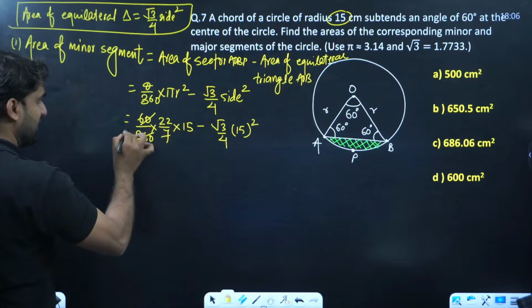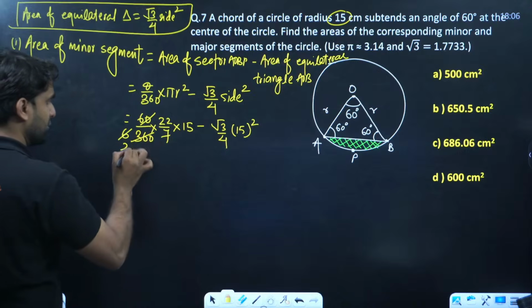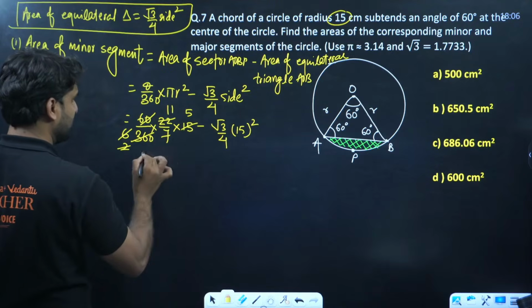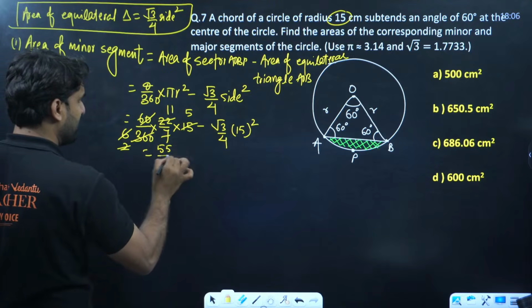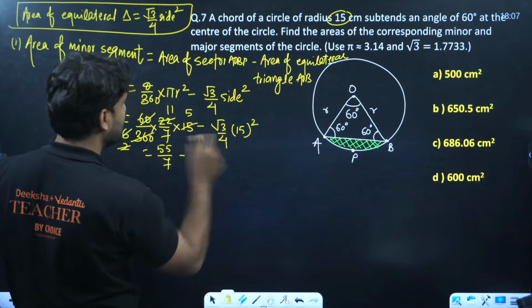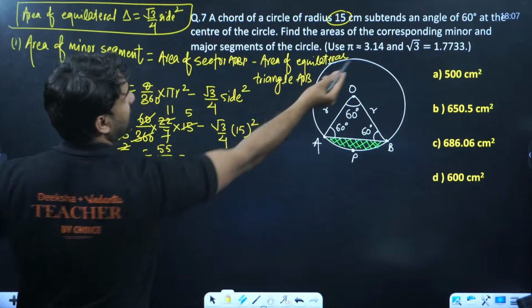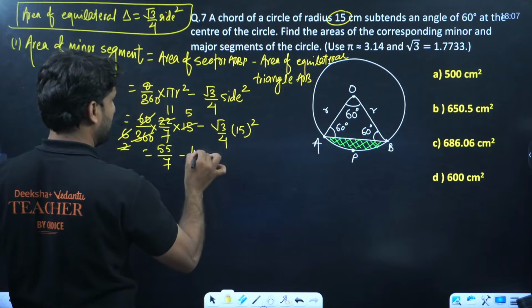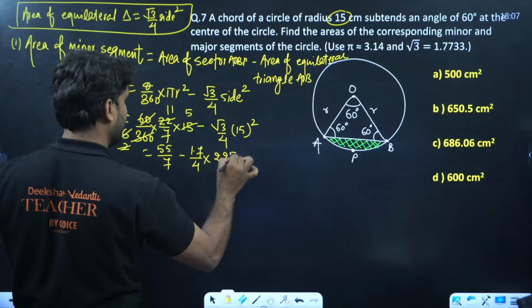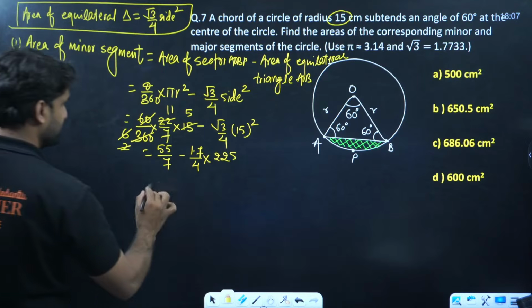It will cancel by 6, and 5 threes cancel by 11 times, so we have 55 by 7 minus root 3 by 4, root 3 is 1.73, 1.7 divided by 4 into 15 square, which is 225.